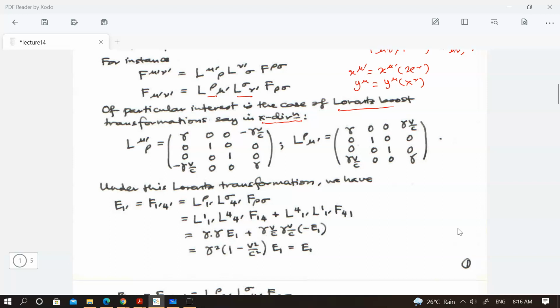Remember the first row, say, let me number the rows 1, 2, 3, 4, and then the columns 1, 2, 3, 4. Recall that the first 3 rows or the first 3 columns correspond to the spatial indices, like x mu is x, y, z, for x1, x2, x3, and the fourth component is the time one.